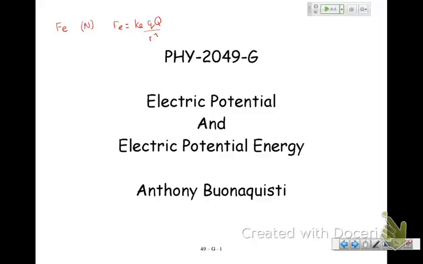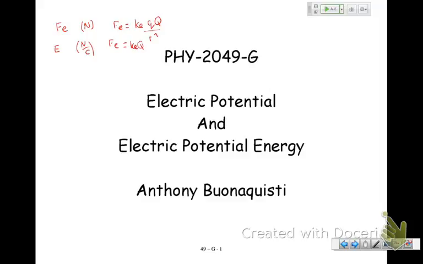Then we said, well, supposing I want to look at the influence caused by the big charge without having the little charge there. Then I invent this thing called the electric field, which is measured in newtons per coulomb. Imagine we don't have the little q there, so the big Q is still there.